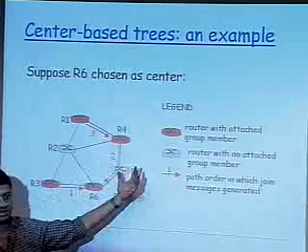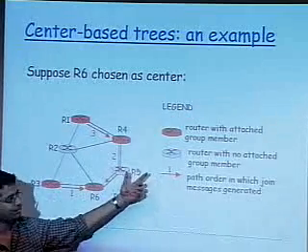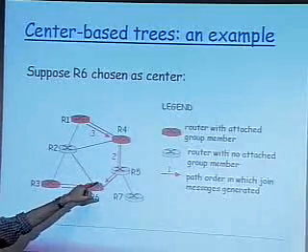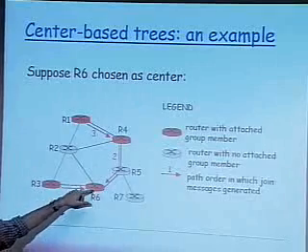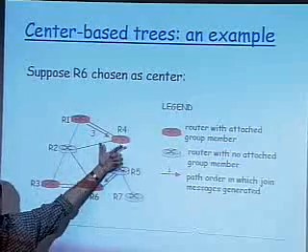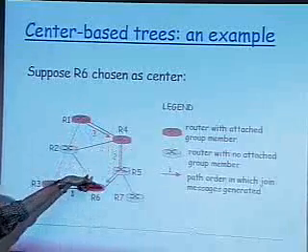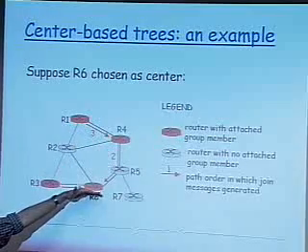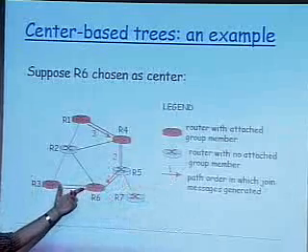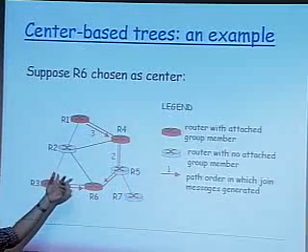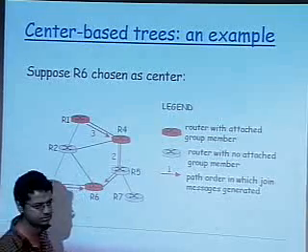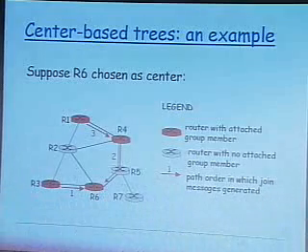R5 itself does not have any nodes which want to join this multicast group, but because it's in the unicast path of the multicast router, it has to join the tree. Later R1 also joins, but R4 is already part of it. So the unicast path followed by the join message becomes part of the tree. So any node joining anytime else, the join message defines the tree and makes it part of the multicast group. And every message goes to this rendezvous point, R6.